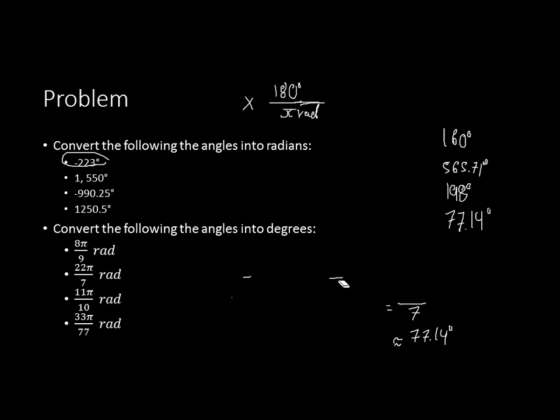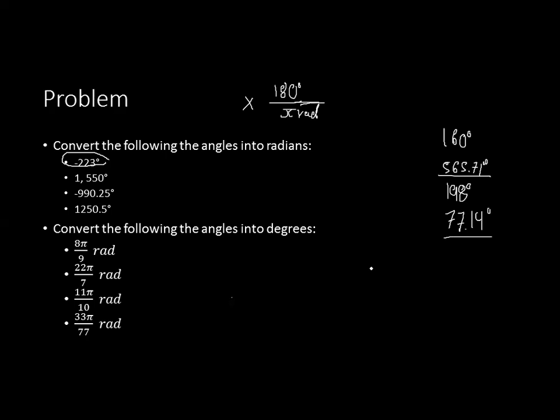So once again, the main reason why it's better to convert the answer, which is in fraction, into decimal answers, just like this one, 565.71 and 77.14 degrees, is because the way I see it, I don't see any angles that are in fractions.